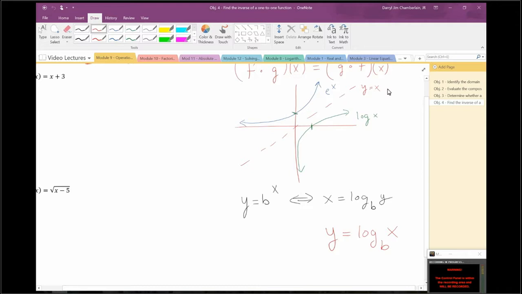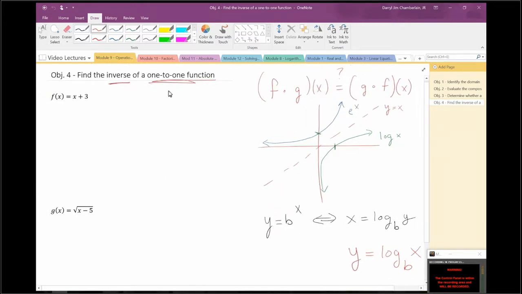It means to switch the x's for the y's and the y's for the x's. So we can see why it is that we have the inverse function for these one-to-one functions. Because every x goes to exactly one y, and every y goes to exactly one x. So we can just reverse.